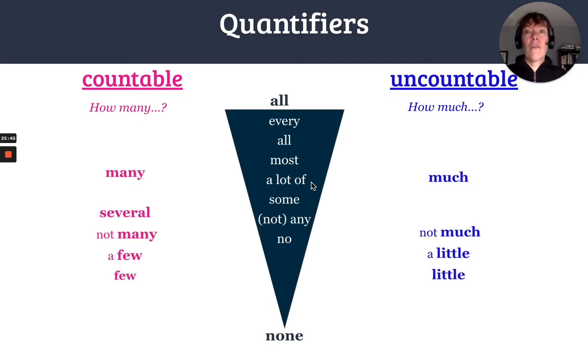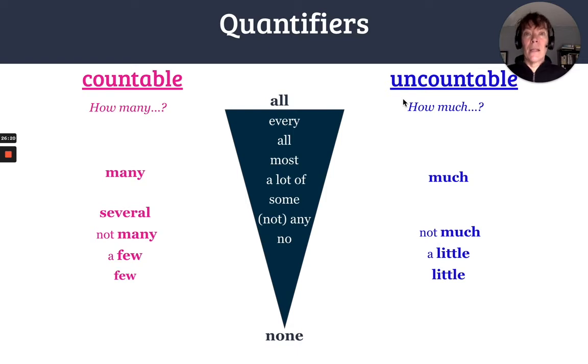Here is the list of the ones that are separate, and they can't go with the other nouns. So many, several, not many, a few, and few, all of those countable. Much, not much, a little, and little, all of those uncountable. So to make it more easy, many, few, countable. Much, little, uncountable. Write that down. All the rest of them, they can go everywhere.